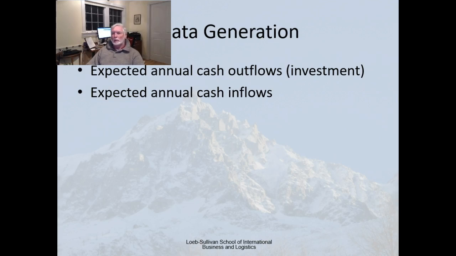And in year two, I expect it to earn $25,000 and so forth. So my outflows are the $100,000 purchase. My net cash inflows, the expected annual inflows, are going to be my net cash earnings from that truck.